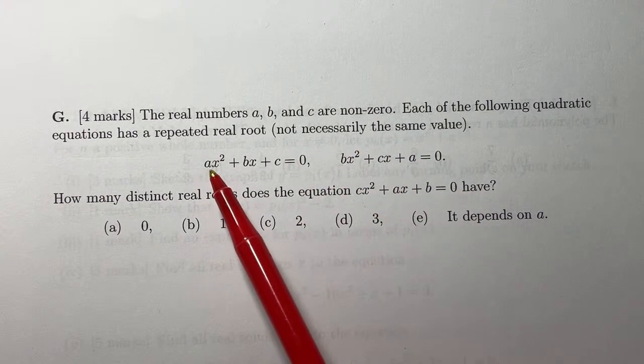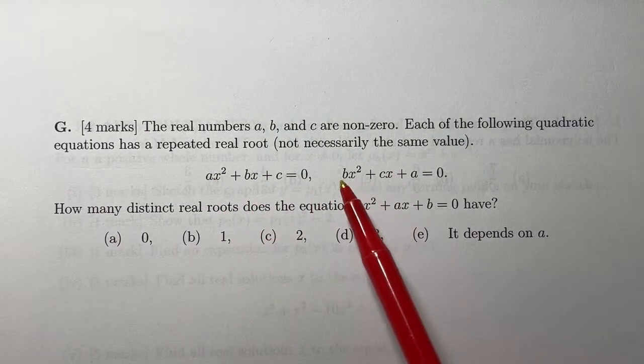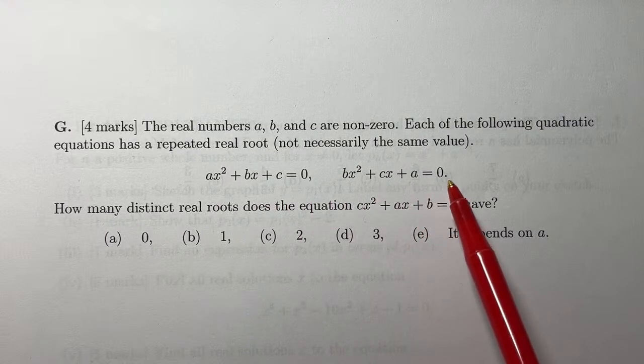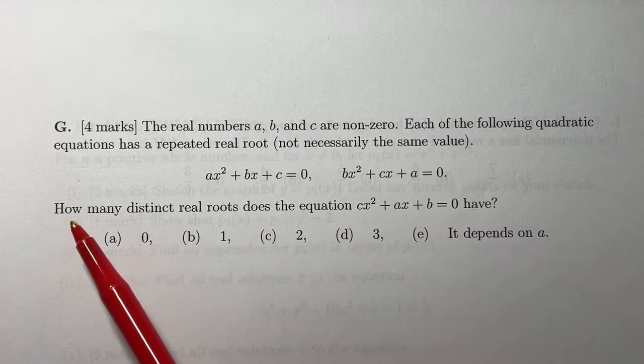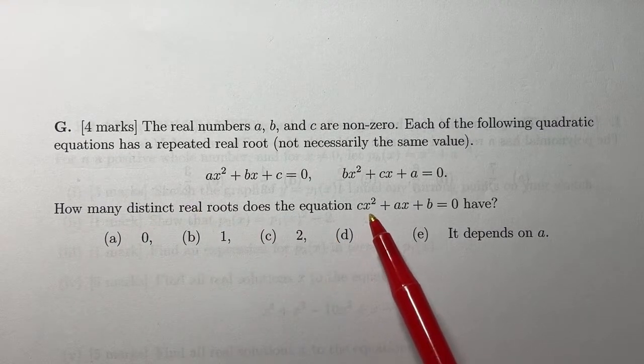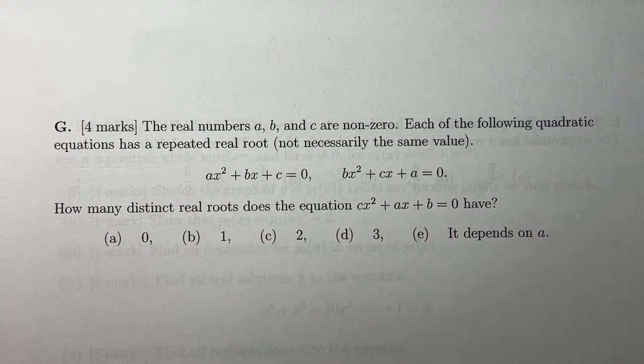So we have the quadratic equation ax squared plus bx plus c equals 0, and the other one bx squared plus cx plus a equals 0. We would like to know how many distinct real roots the equation cx squared plus ax plus b equal to 0 has.